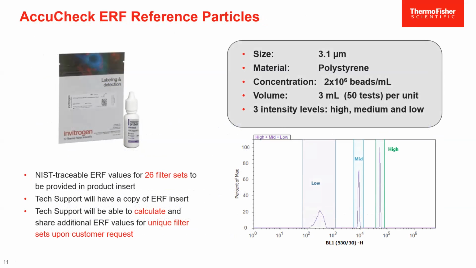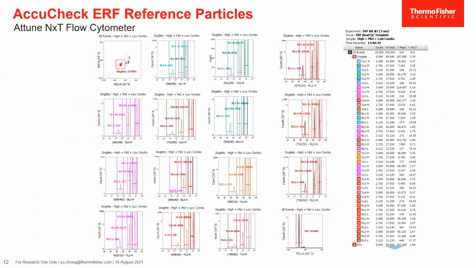It's easy to use, and we measured it. You can see this is just a screenshot of our Atom flow cytometer workspace. Atom has 14 different channels, and you can see all of them are well separated.